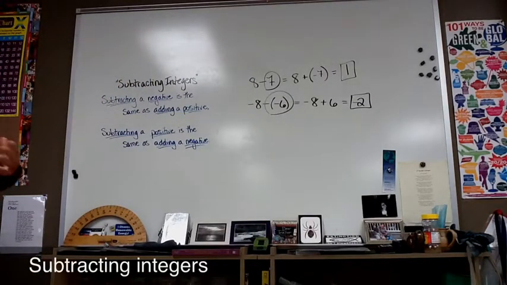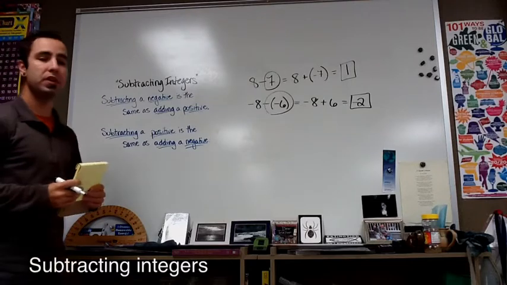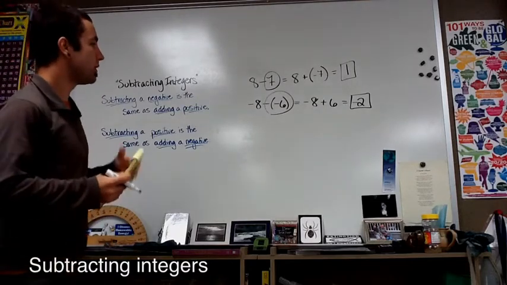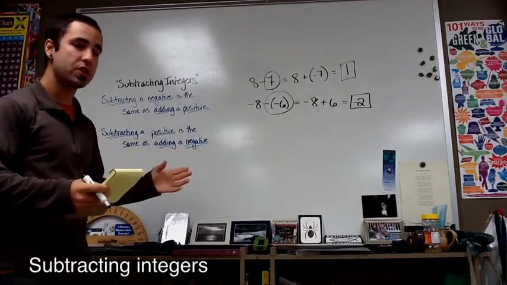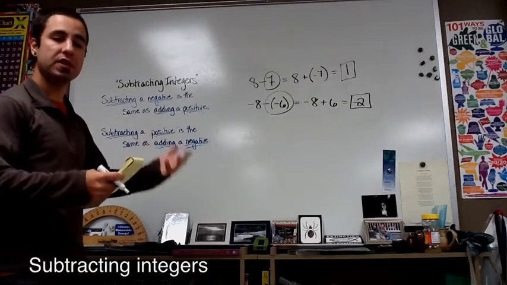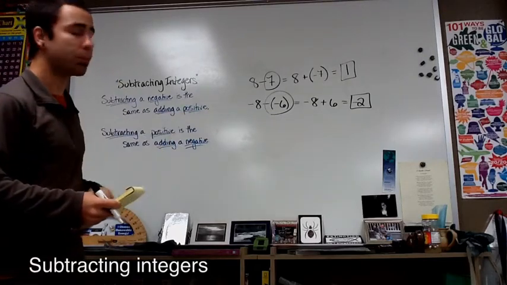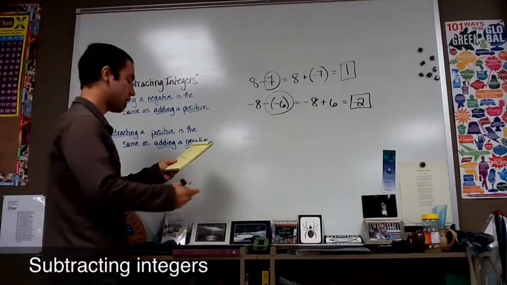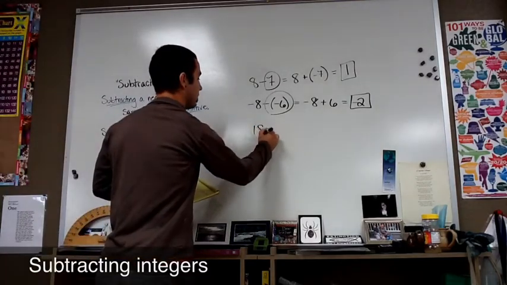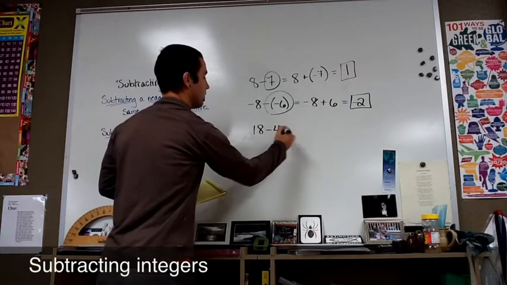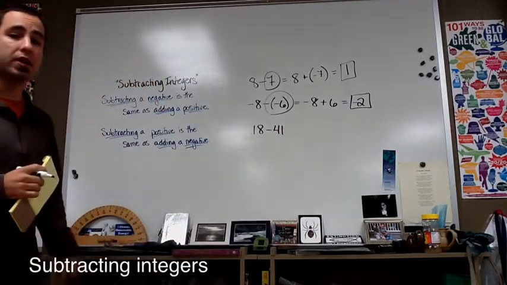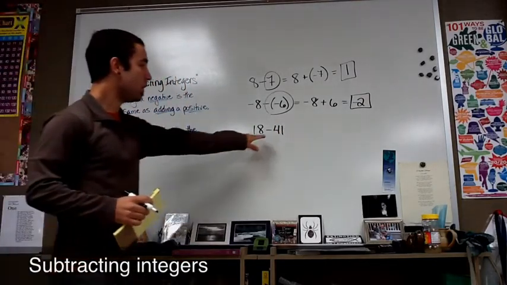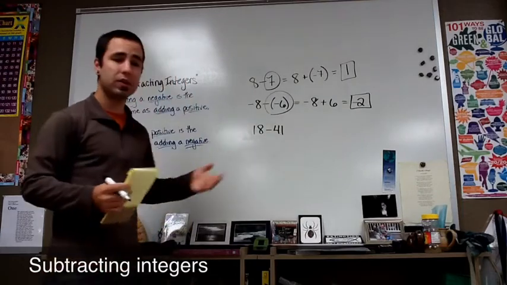Okay, so we've seen a couple examples where it's pretty easy to look at the problem and see the answer without having to change it. But by changing it, we can see how we can work with problems that may not be as easy to see when we start, such as 18 minus 41. You might look at this and say, I don't know what I'm doing.